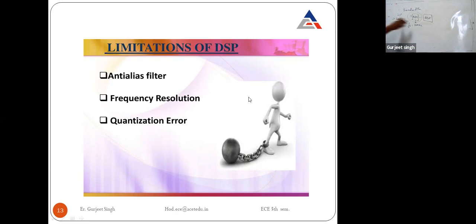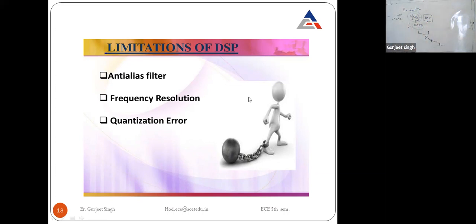This DSP processor will work only for this 16 megahertz range. If we increase the frequency, or the bandwidth of the input signal, then we have to change this ADC and this DSP processor, because these processors are limited with respect to frequency.